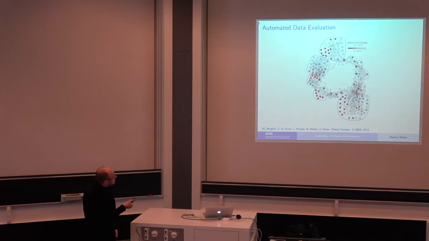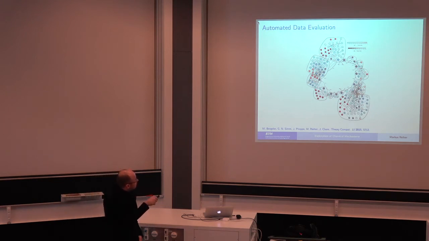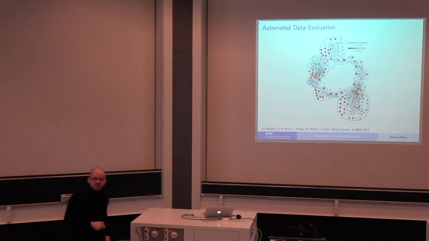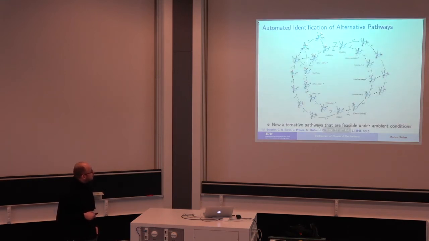And each of these figures has been produced automatically by the scripts. Every circle corresponds to a structure, and now you can inspect all the relevant structures of relevant energy in order to figure out what the implication for the chemistry is. And this is the result.